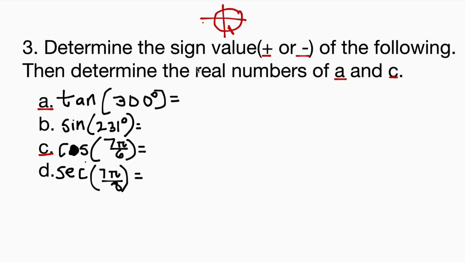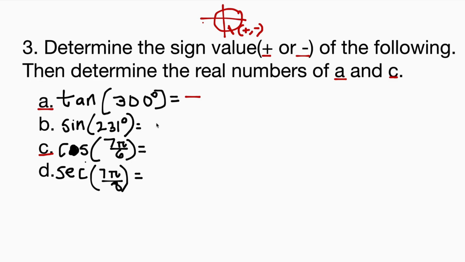For 300 degrees, our value would be negative because our x value is positive and our y value is negative. Since it's opposite over adjacent, for tan it's going to be negative. I will come back to determine the real numbers of A and C.